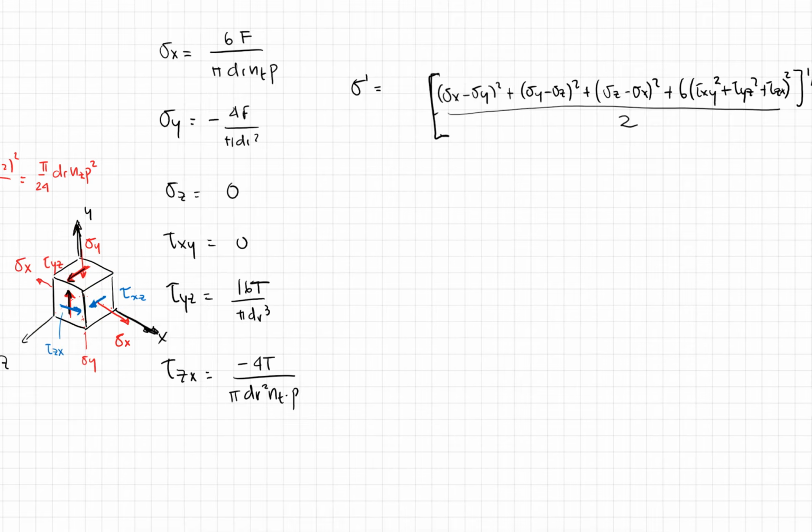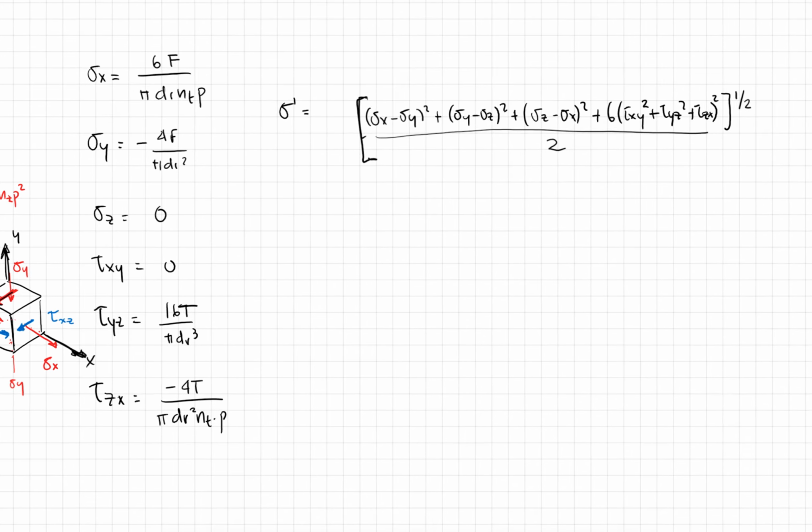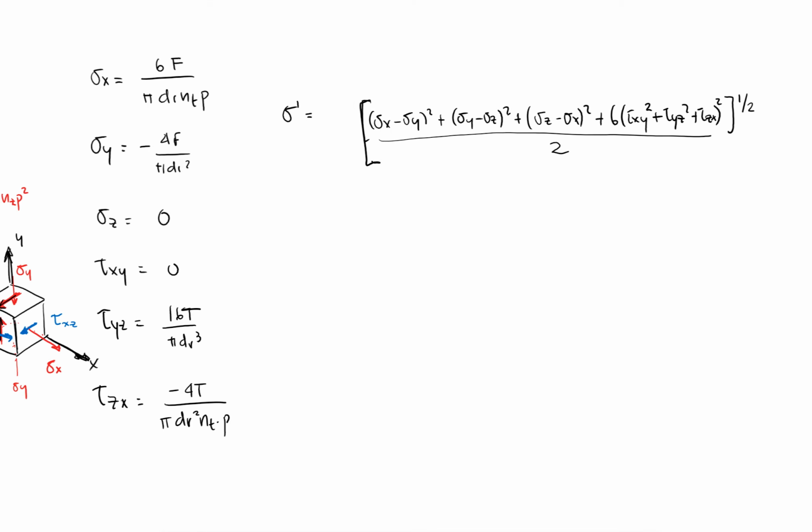A common problem regarding power screws, or screws in general, is being able to calculate this total stress, because that's what you would compare to the strength of the material. It could be static loading or fatigue loading like we've done.